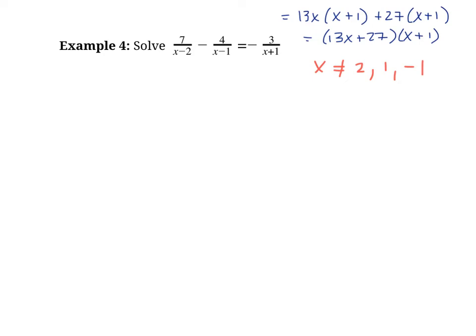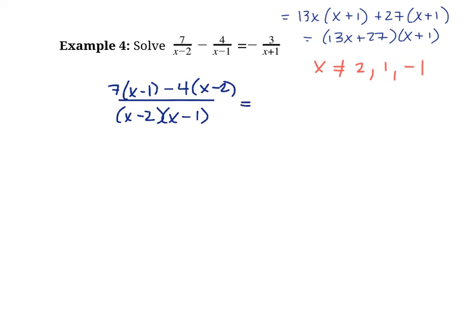So as I said, I'm going to find a common denominator of x minus 2, x minus 1. I'm going to skip a few steps this time because hopefully you can follow along with what I'm doing. So 7 on the left needs to be multiplied by x minus 1, right? And then the minus 4 needs to be multiplied by the x minus 2 to make that work out.